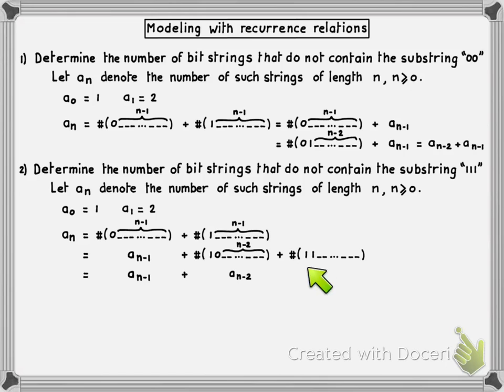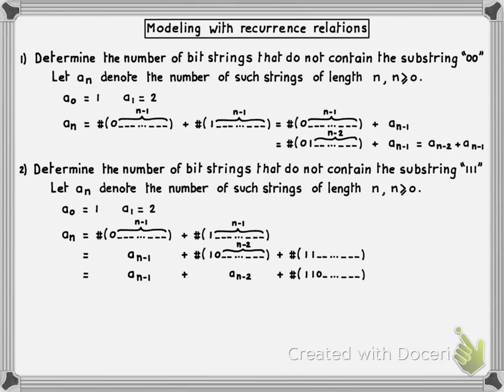Now this number, we may not be able to compute right away, but one thing we know is that if a string starts with a double 1, it cannot be followed by a 1 because otherwise it would break our constraint here. So we know that this number is also equal to the set of strings that start with 1, 1, 0. So let me write it down.